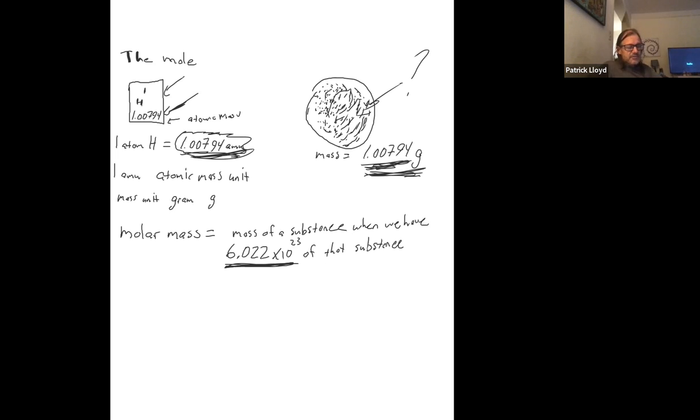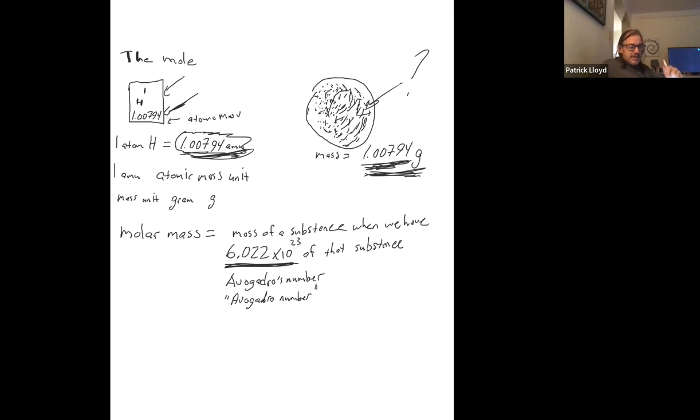And that is often referred to as Avogadro's number. If I could spell Avogadro the first time around, that would be great. Avogadro's number. Well, that's what they called it when I was growing up. Sometimes they call it the Avogadro number. It's not like he owns it or anything like that.